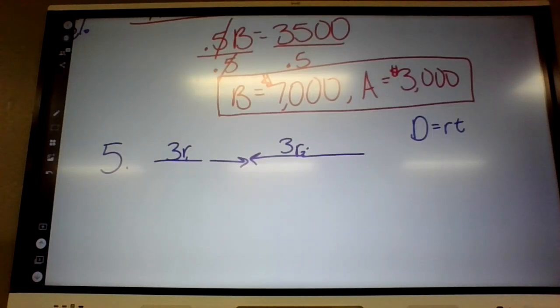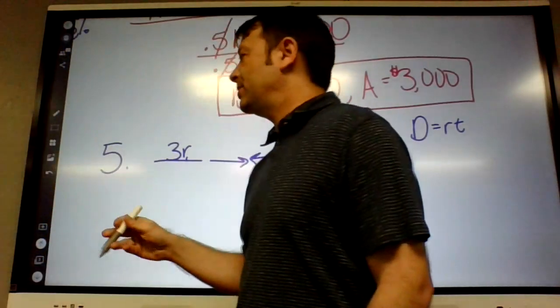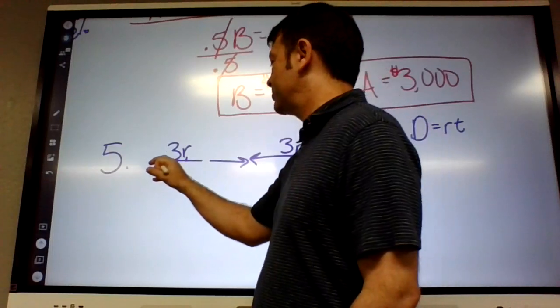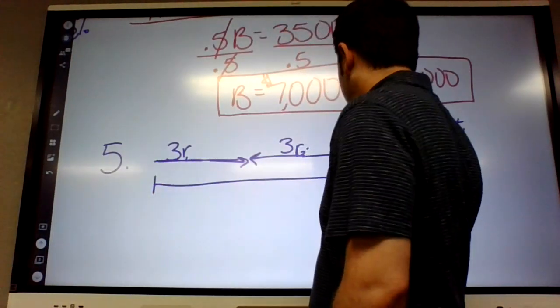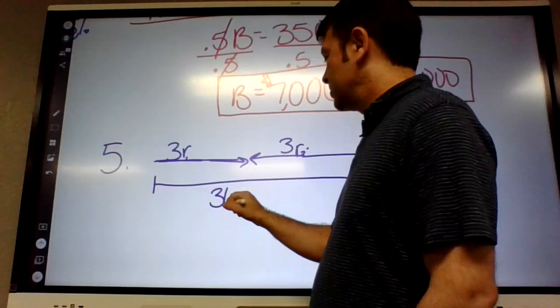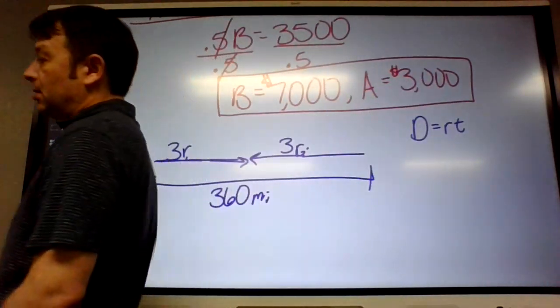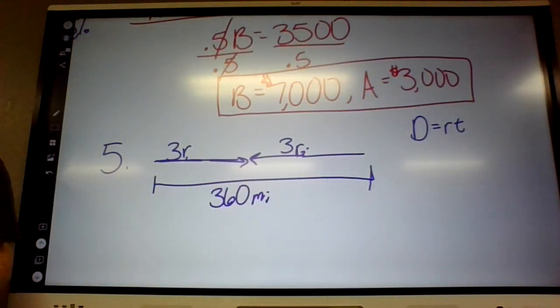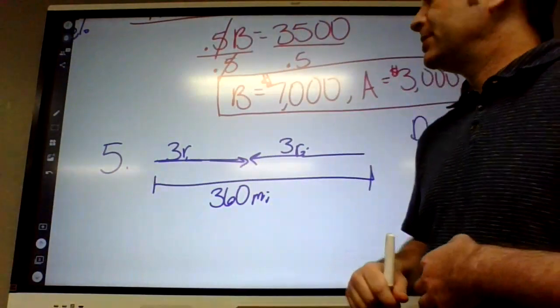I kind of skipped the first part. The two cars start 360 miles apart. Where do I put 360 miles? On the bottom, the whole thing, all the way across. The first car is going 4 miles an hour faster than the other car.